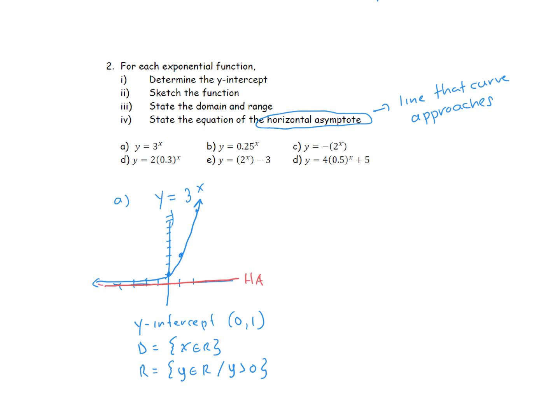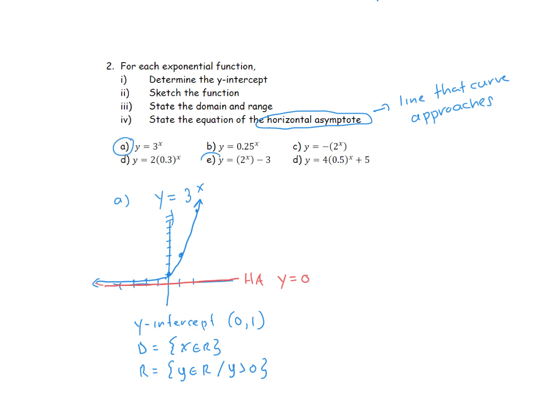This is the line that the graph is getting close to but does not touch. So we would say the horizontal asymptote is at 0. Y is 0. That's the equation of that line. If we move the graph up and down, that line might change.